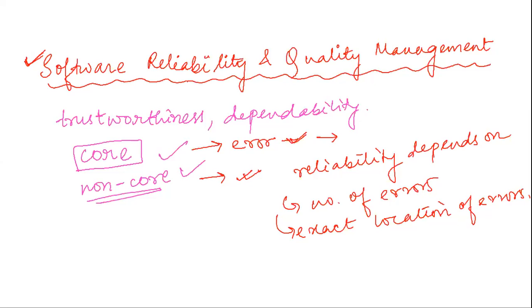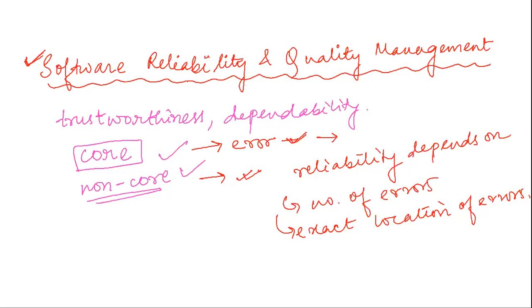On the other hand, if only those functions of the software which contain errors when invoked are used, then a large number of failures will be observed, and it will be perceived that the reliability of the system is very low.